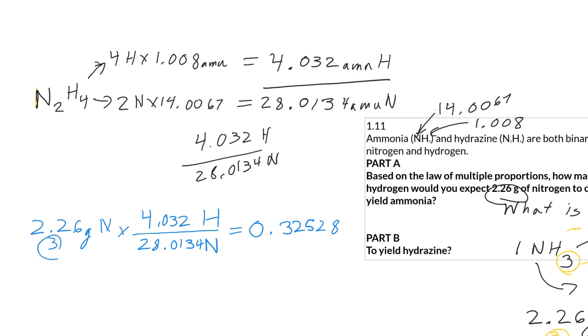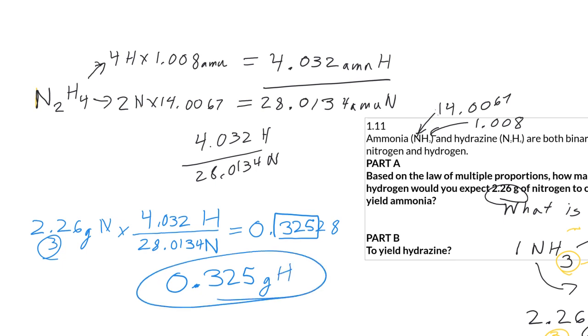I've got 3 sig figs here, so I should have 3 sig figs in my answer. So 0.325 grams of hydrogen would be needed. And that's it.